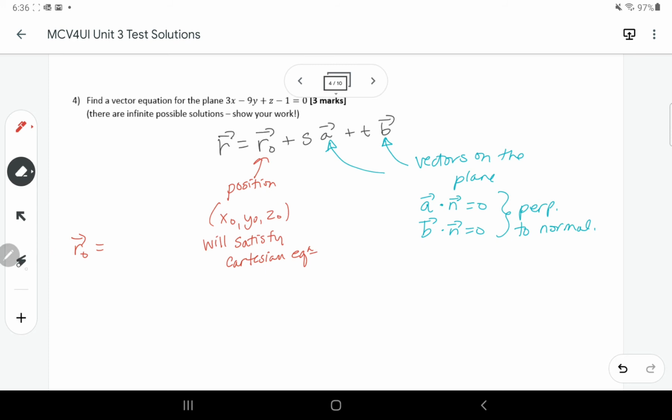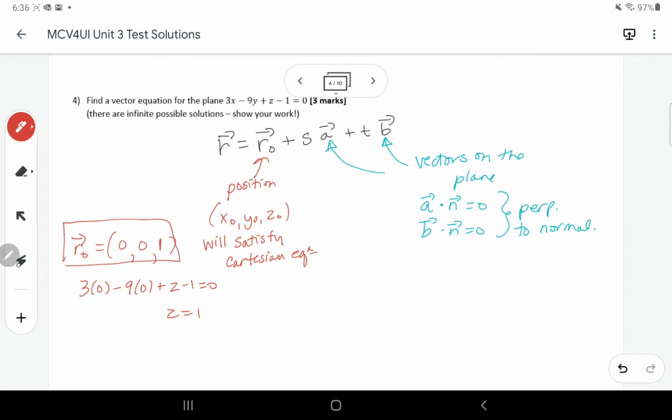I'm doing the z-axis because when I look at this, I've got a coefficient for the x and a coefficient for the y. So let's say I want to find the z-intercept of this plane. So x equals 0, y equals 0. We just have to solve for z. So then 3 times 0 minus 9 times 0 plus z minus 1 equals 0. So z equals 1.